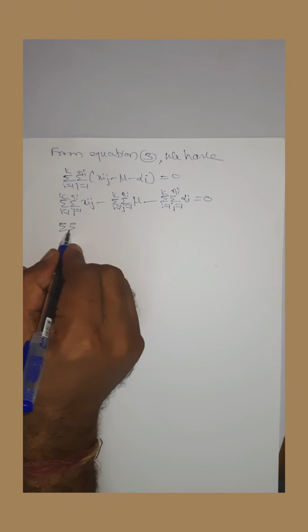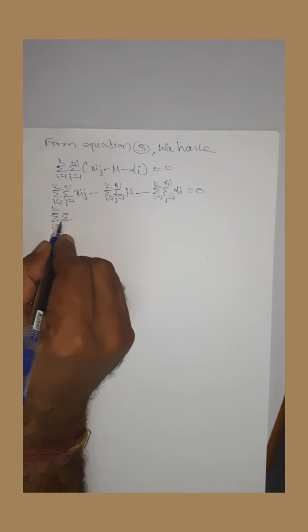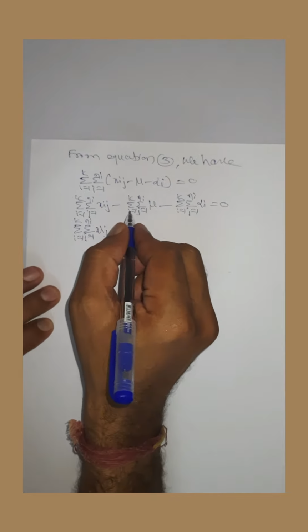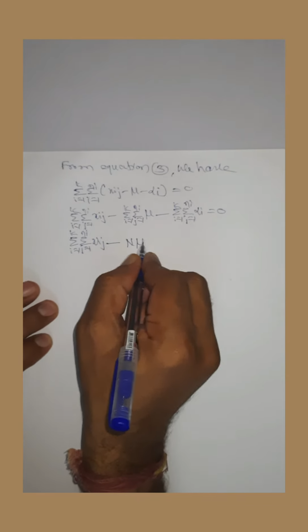Double summation i is equal to 1 to k, j is equal to 1 to ni, xij minus this double summation i is equal to 1 to k, j is equal to 1 to ni, mu is nothing but capital N into mu.